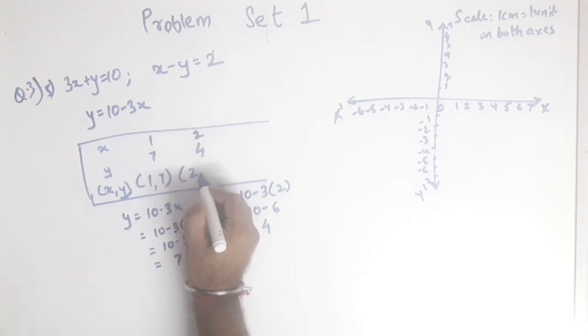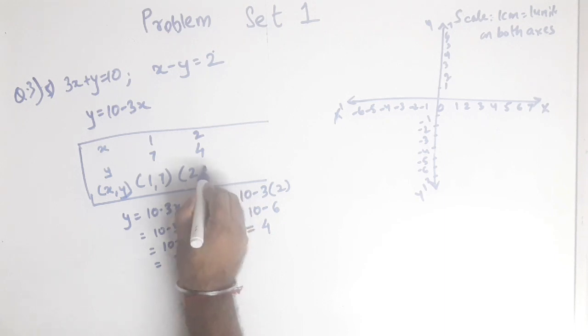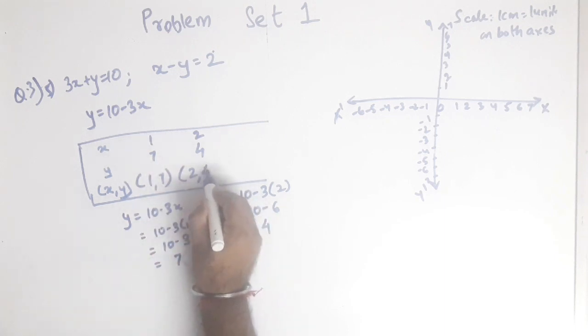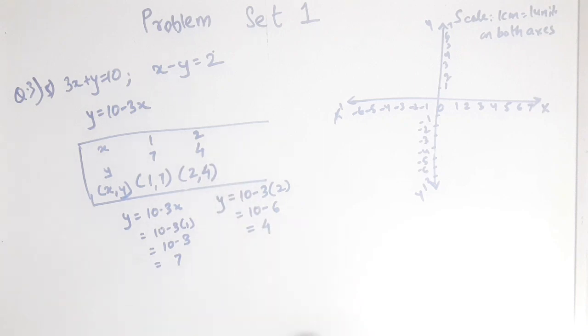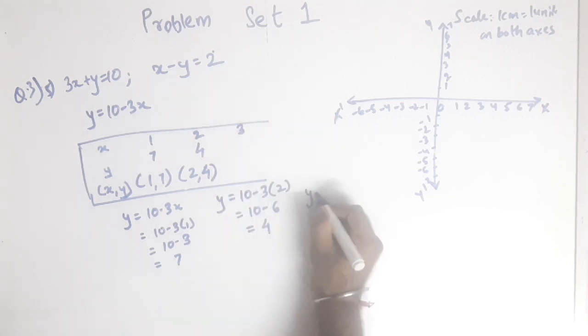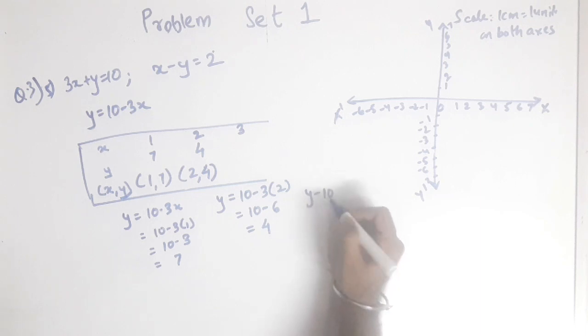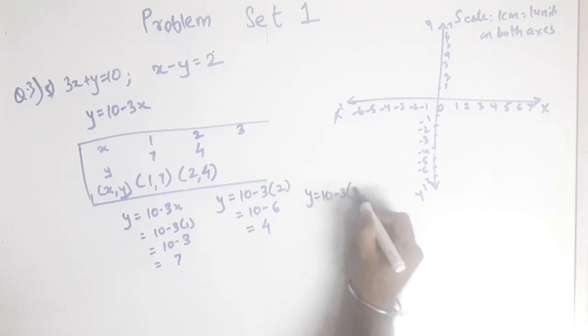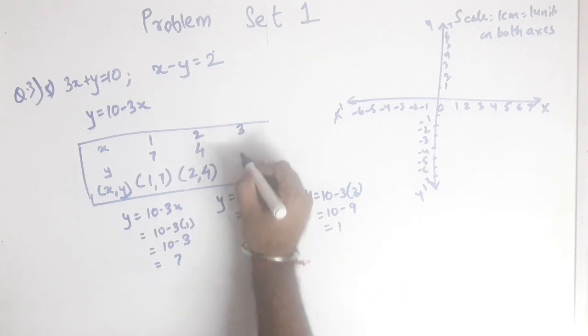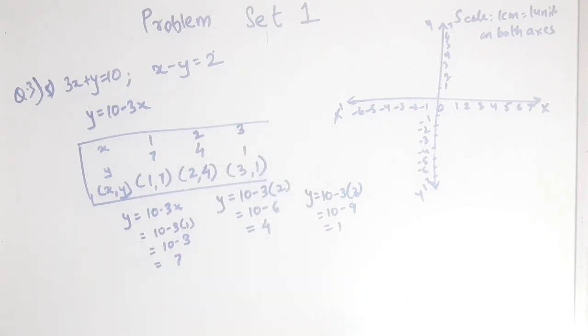So we are getting 2 comma 4. Then let us say if I take 3, y equals to 10 minus 3x is 3, 10 minus 9, so it is 1. So you got 3 comma 1.